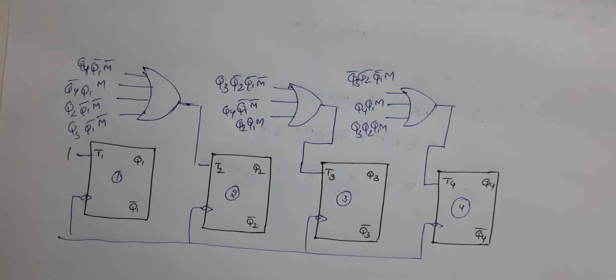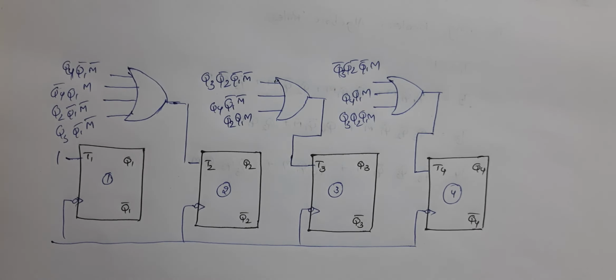So this is the logic diagram for mod 10 synchronous up down counter using T flip-flops and negative edge clock. Okay, thank you.